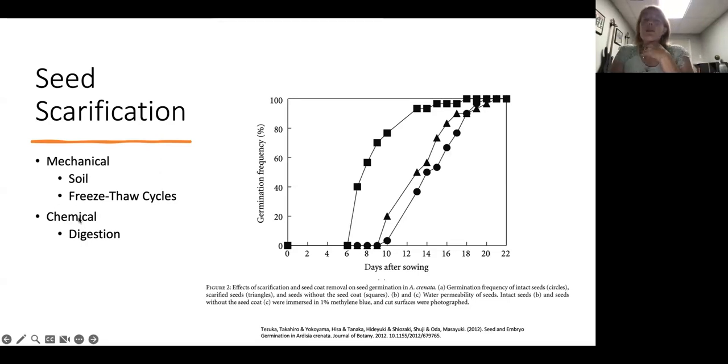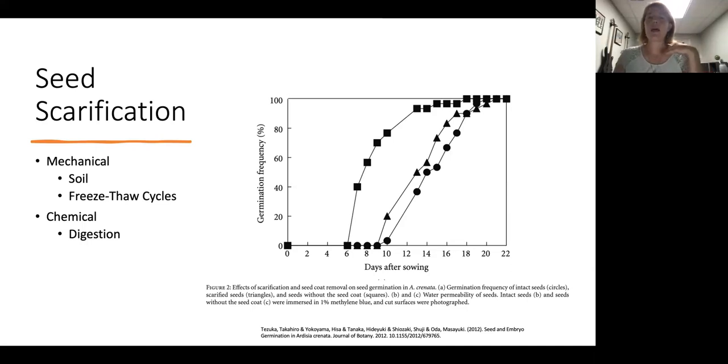So another thing that can happen, and I'm sure you guys have noticed this, is we see lots of birds and other animals come and eat fruit off of plants, but usually what happens is that instead of digesting the seeds, they get pooped out.